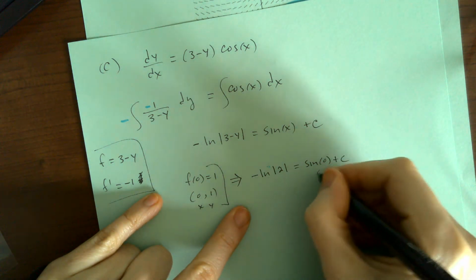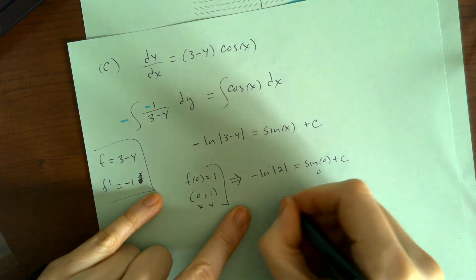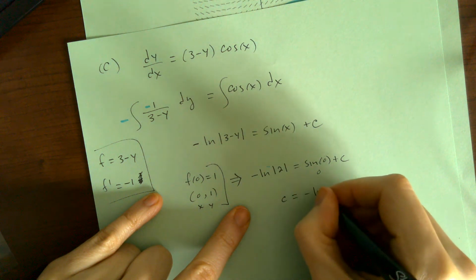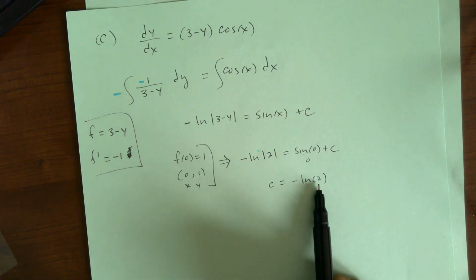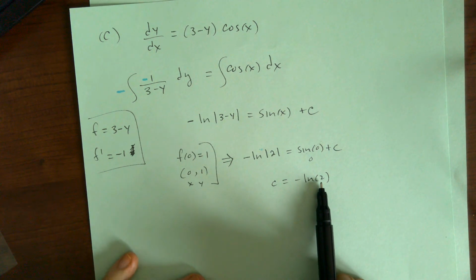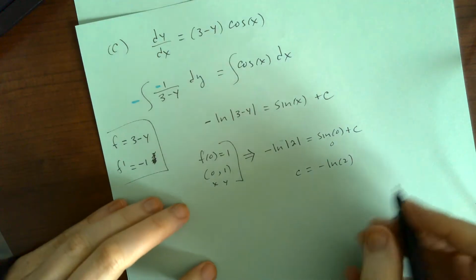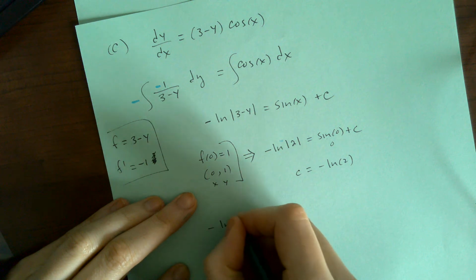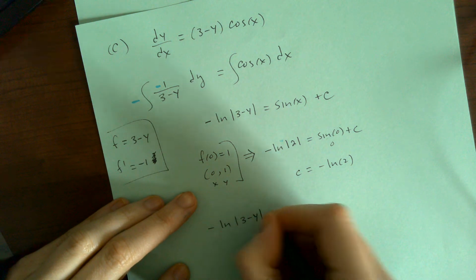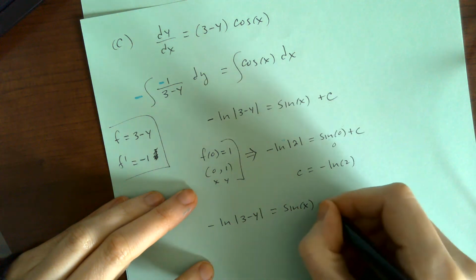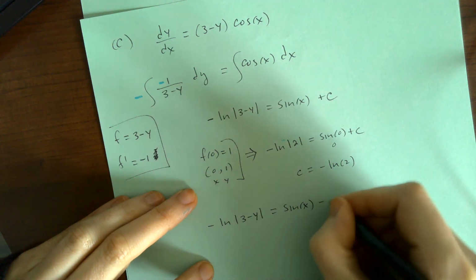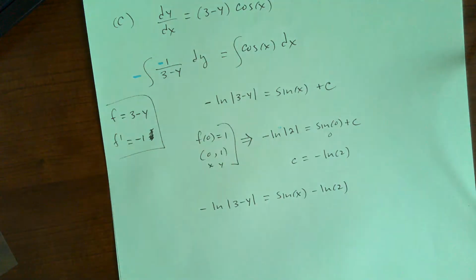Sine of 0 is just 0, so c is negative natural log of 2. You don't need the absolute values because 2 is already positive. So now I'm going to plug that back in: negative natural log absolute value of 3 minus y is sine of x minus natural log of 2.